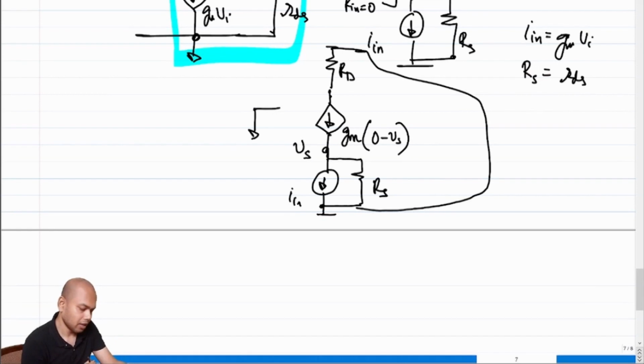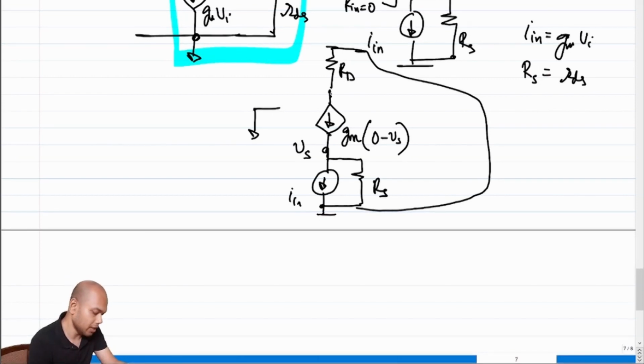Now you might turn around and tell me that this current buffer will ultimately be realized using a transistor. It's a common gate stage. If the transistor doesn't have zero GDS, it has some RDS, so we cannot neglect the RDS of the current buffer.